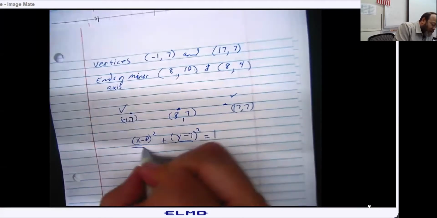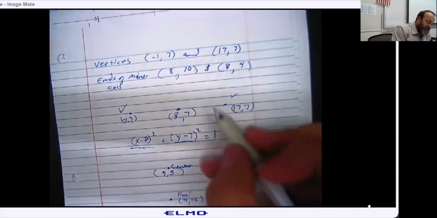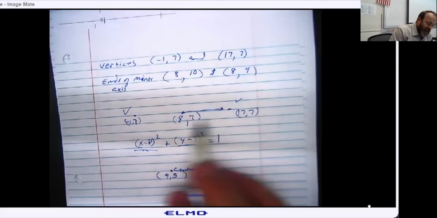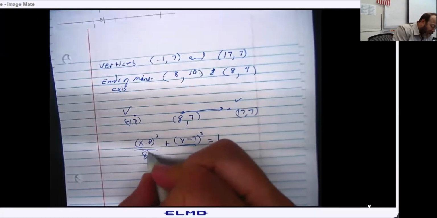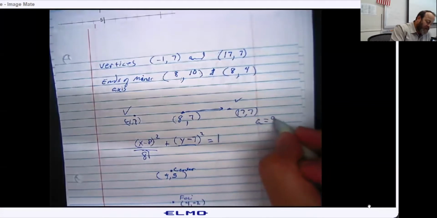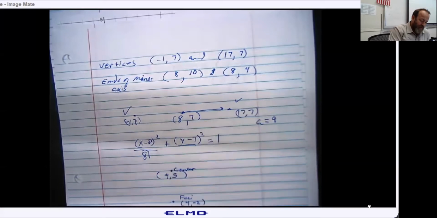And we always like them to be equal to 1. So I'm already getting there. I know this distance from here to here. If that's 8 and that's 17, from here to here is 9. It's going 9 units in both directions. And remember, that's A. But in the value of the story, we always write A squared in whichever direction it's opening.